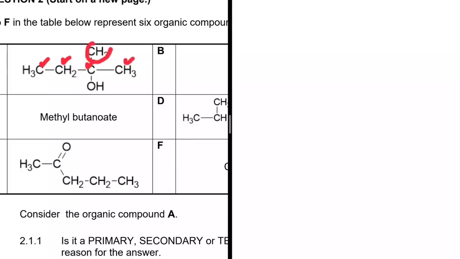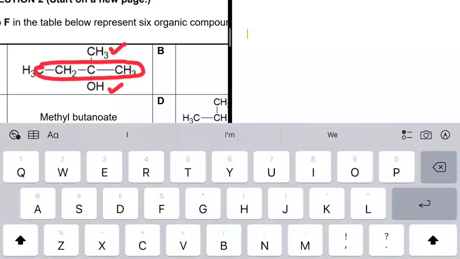We do have a branch here that I'm not accounting for, but we're going to take care of that. Let me just circle that. This is our longest chain. Even though if we go up, we would still get the longest chain of 4 carbons, let's just take that as our longest chain. And then we have a branch on the second carbon and the functional group. That is what we are dealing with.